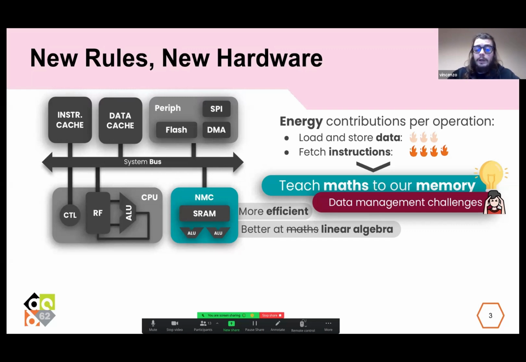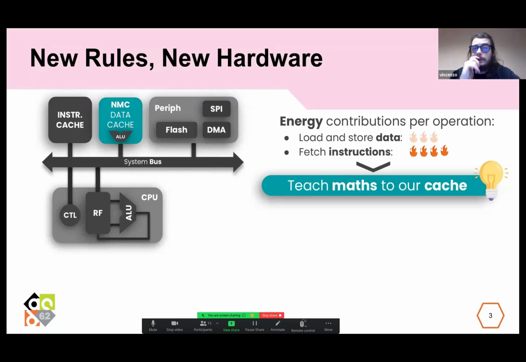So we took one step further and thought: if we already have a data cache in our system, why don't we, instead of teaching our memory to do the math, teach it to our data cache? The data cache has one strong advantage: it already knows where the data is stored.